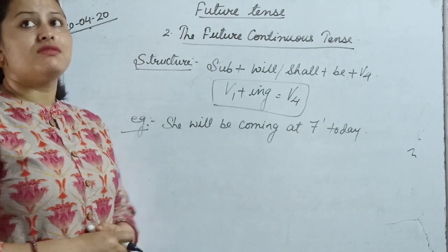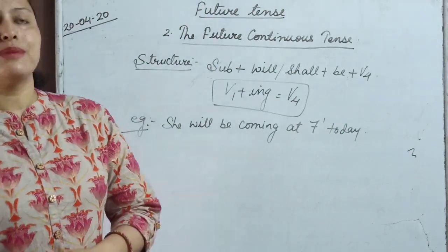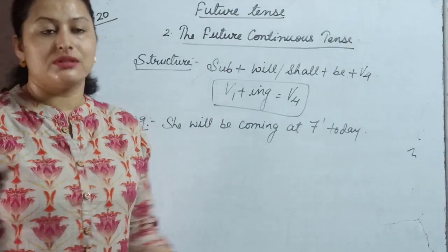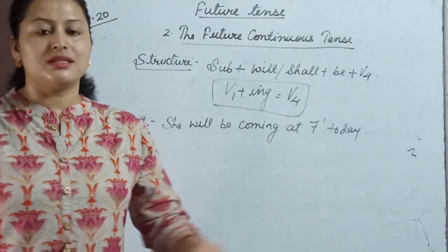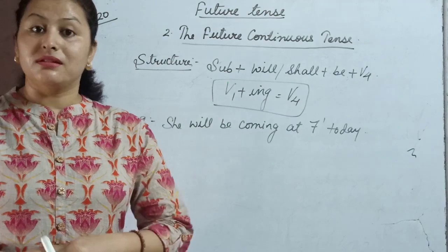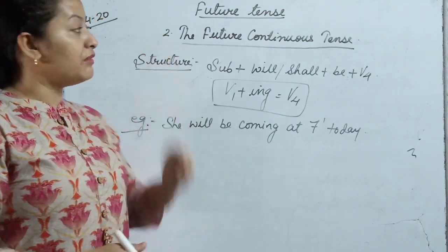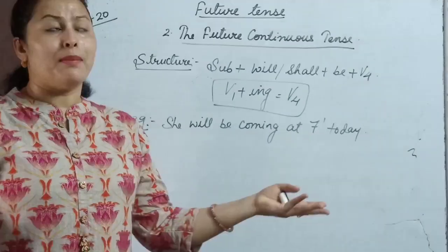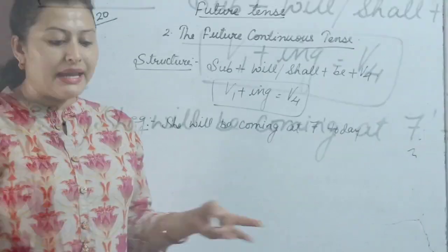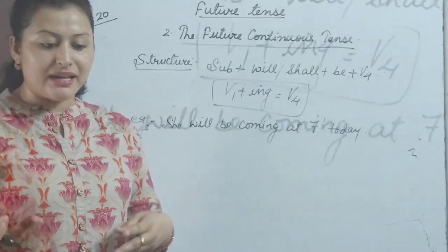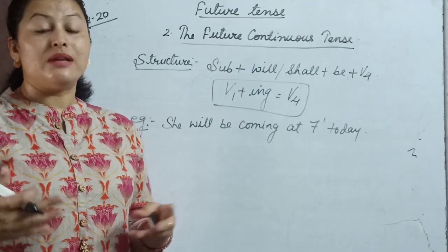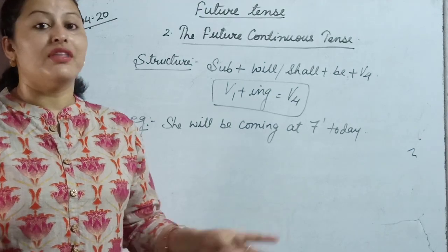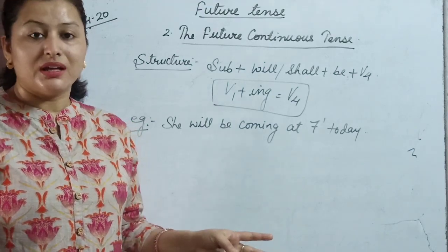Future continuous tense we also use for some sort of announcement, like in trains, in metros, in airplanes. The announcements we make are always in the future continuous tense. For example, a pilot might say, this plane will be landing at 7 in the evening.